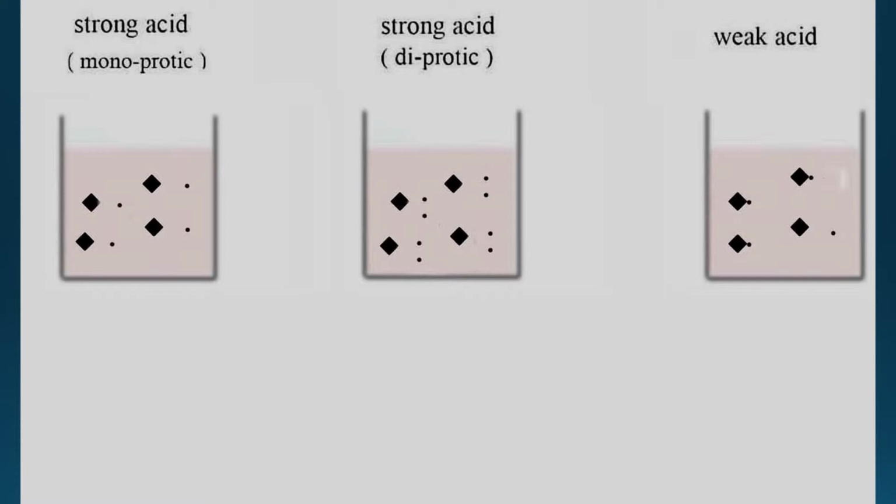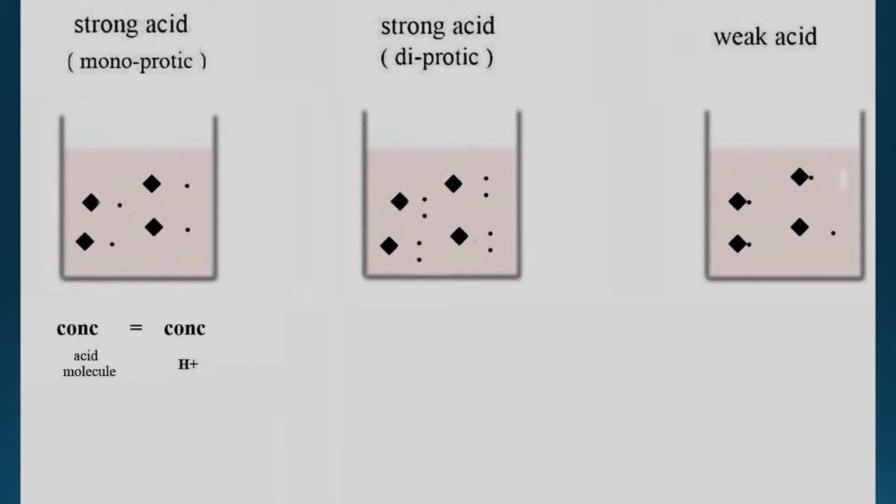So you can see the strong acid, if it is monoprotic, one molecule of acid gives 1 H+. So the concentration of the acid molecule is always equal to the concentration of the H+ ion.